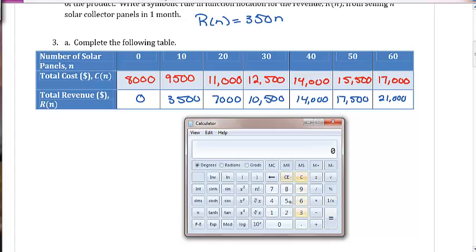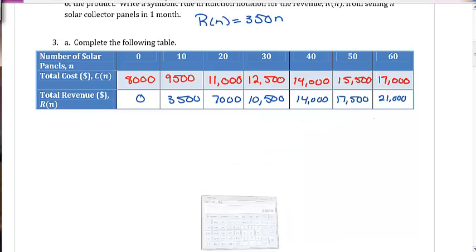So we did that one right. And then 3,500 plus 3,500 gives me 7,000, then 10,500, 14,000, 17,500. All right, so now all my numbers are okay.